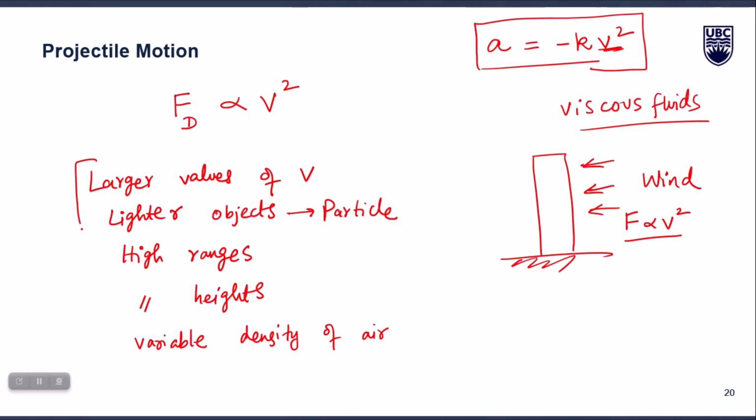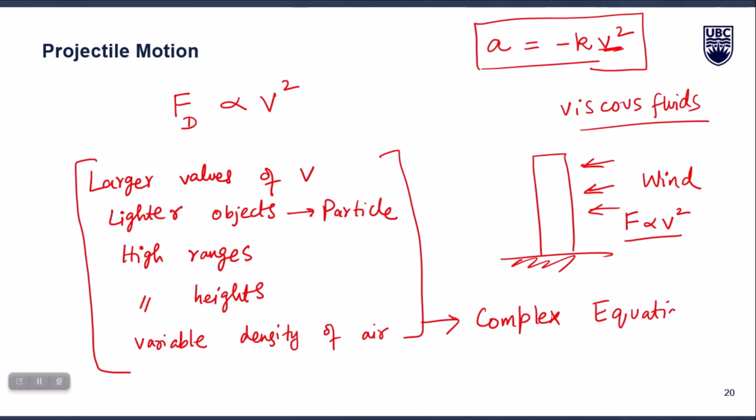If any of these factors become significant, then we need to explicitly account for them in our calculations, and in that case we will have a non-parabolic trajectory of a projectile, and it will be described by very complex equations, right? So those complex equations may not be easily integrated.